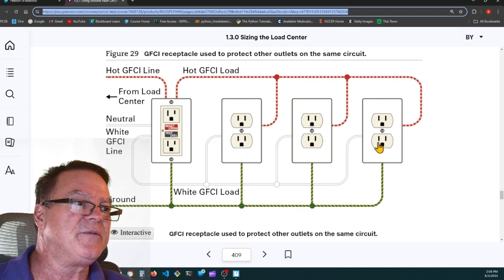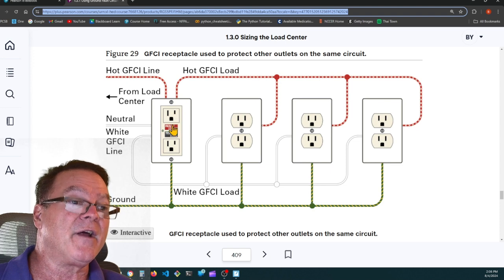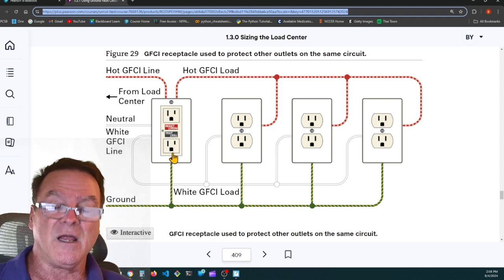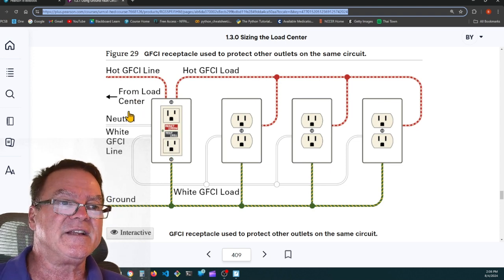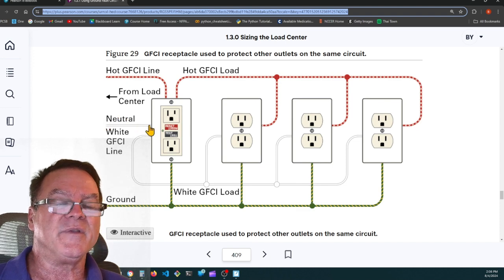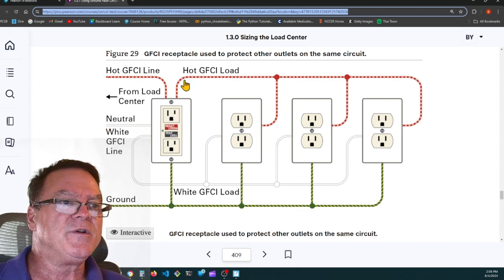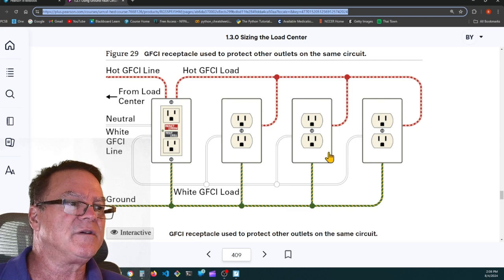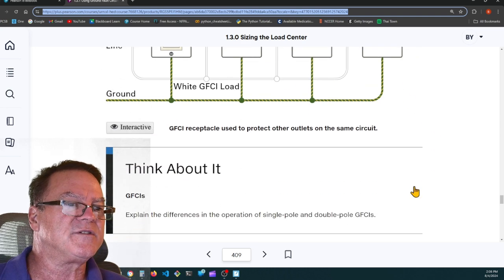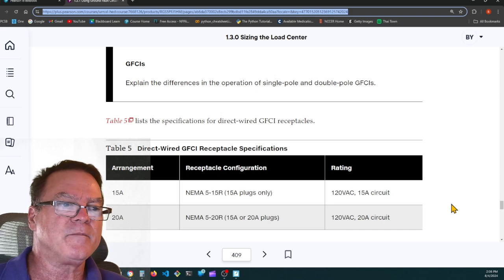So these 3 receptacles can be protected by this GFCI if they're wired on the load side of the GFCI. And on the back of the GFCI, it physically says line and load. Line is the incoming line from the hot, from the circuit breaker, and load is going out to other receptacles you want to protect with GFCI.